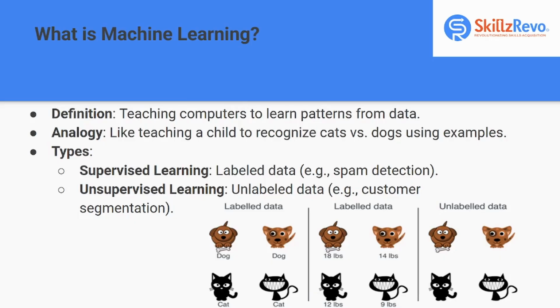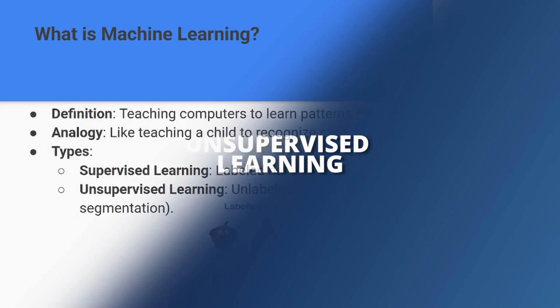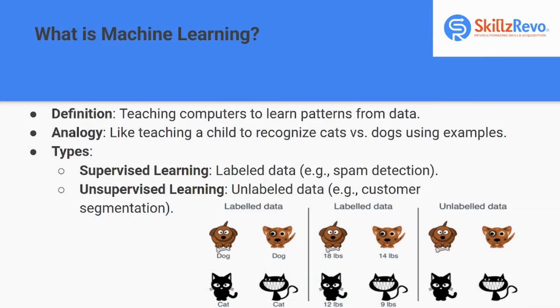But in unlabeled data we just pass the images, we are not providing any further information about those images. This is how we can categorize supervised and unsupervised learning. In unsupervised learning we don't have any kind of tags. In supervised learning we have tags. Whenever tags and labels are present, that learning is called supervised learning, and when no tags and labels are present, we call it unsupervised learning.